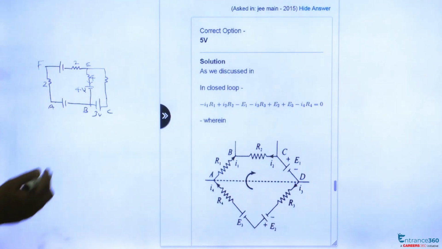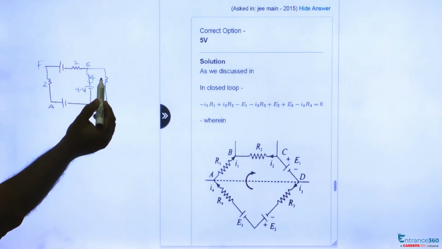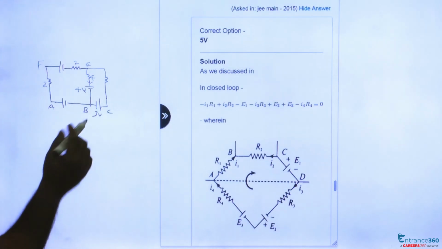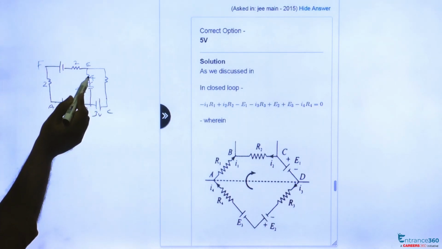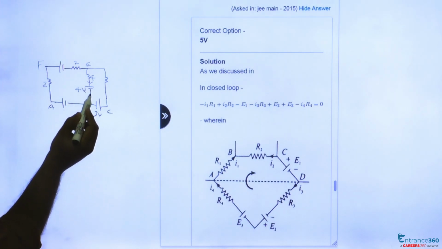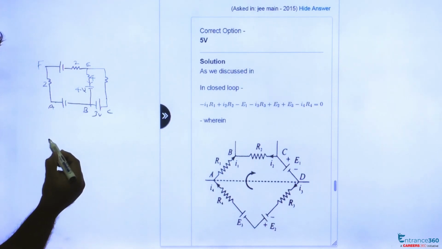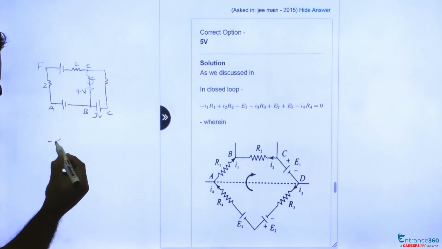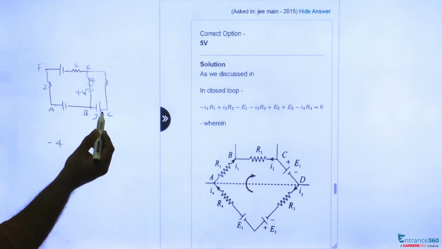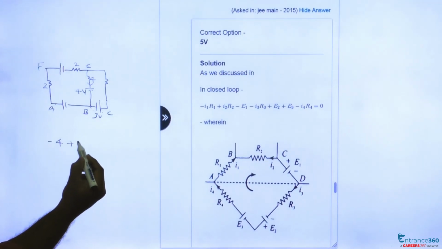We can apply Kirchhoff's voltage law in this loop. So let's move like this. This is 4 volt, and I am moving in this direction, so it is from positive to negative: minus 4 volt, minus minus is plus, so plus 3 volt.